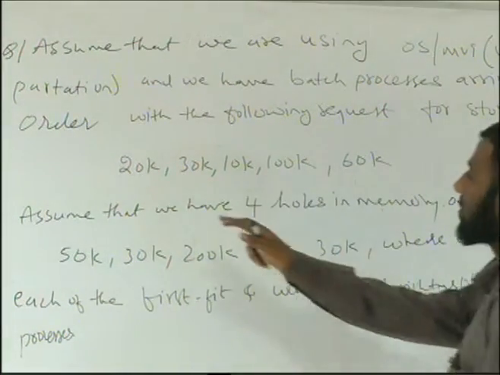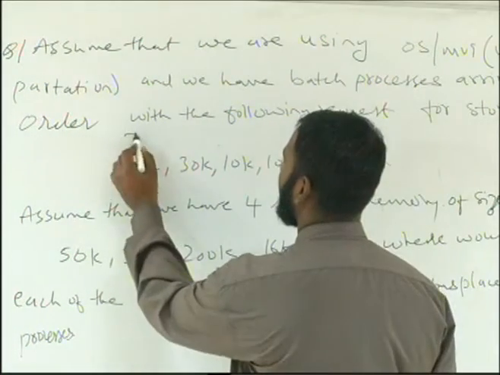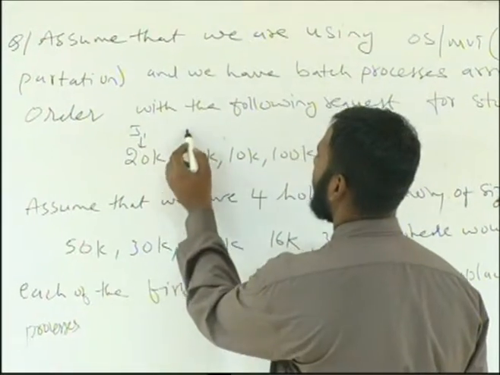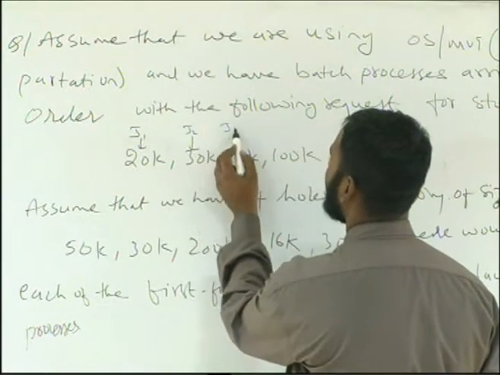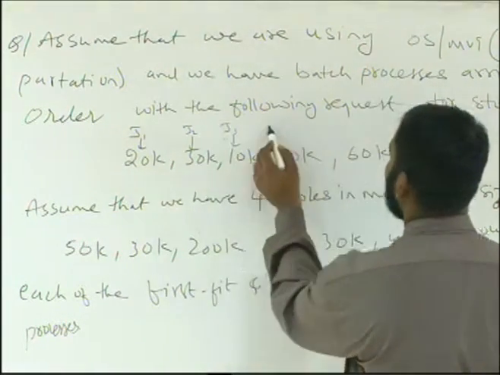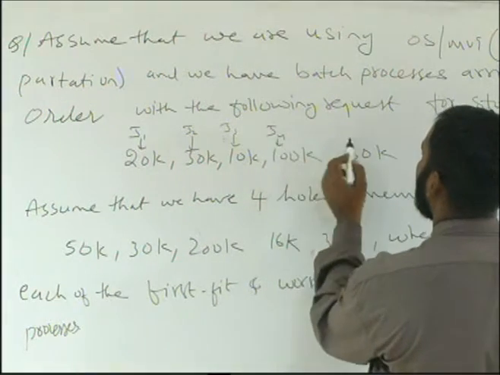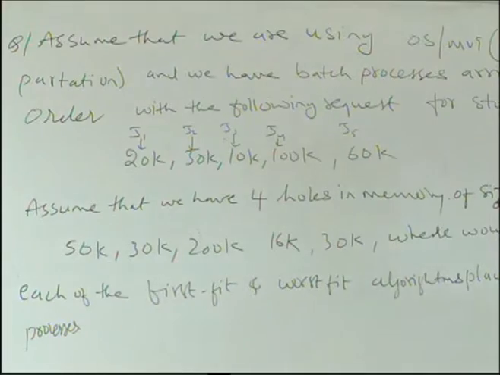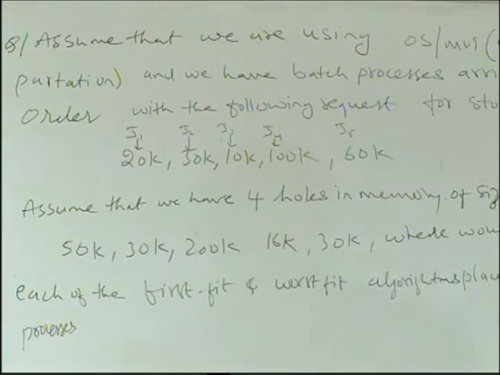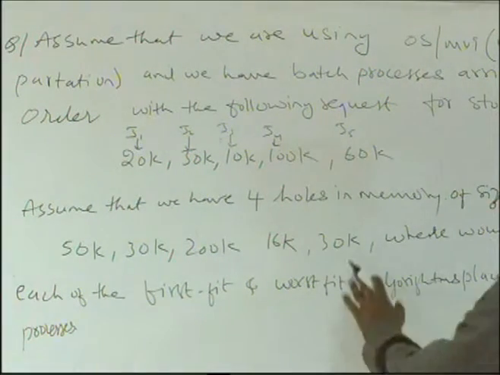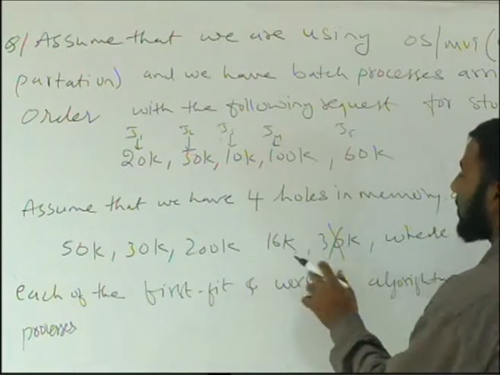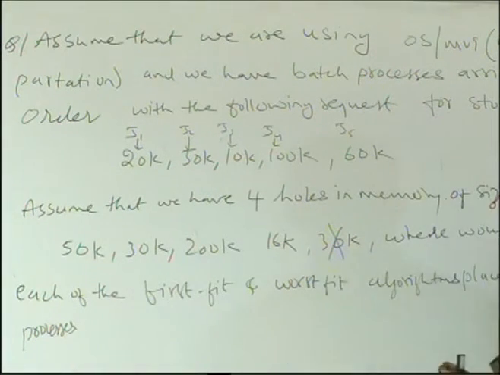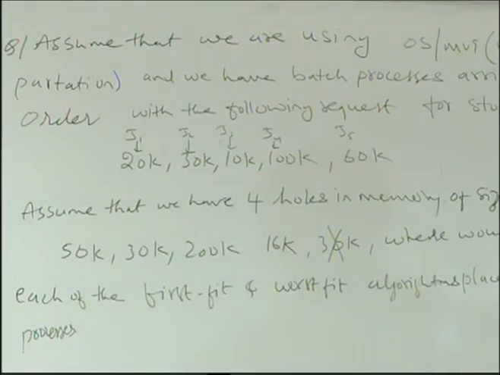Job 1 is 20 kilobytes, job 2 is 30 kilobytes, job 3 is 10 kilobytes, job 4 is 100, and job 5, and assume that we have 4 holes in memory. Where would each of the first fit and worst fit algorithms place the processes?